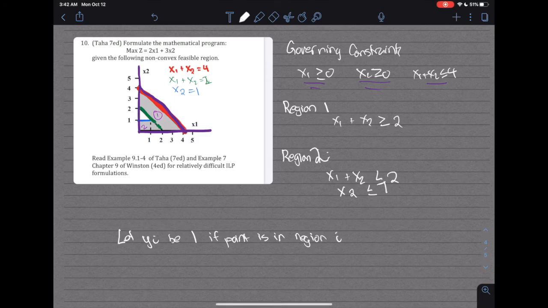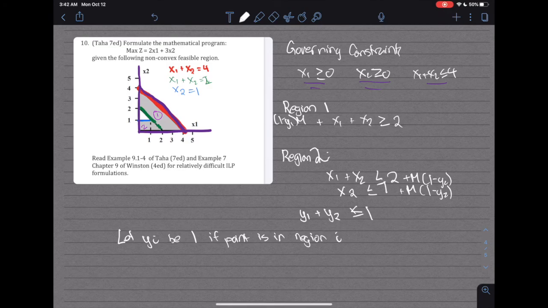Therefore, we add a very big number M to the side that is on the greater than side, and append the corresponding coefficient 1 minus y1 for region 1, 1 minus y2 for region 2.